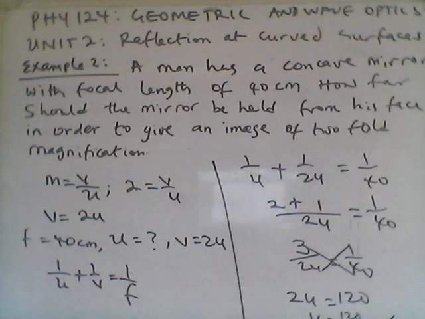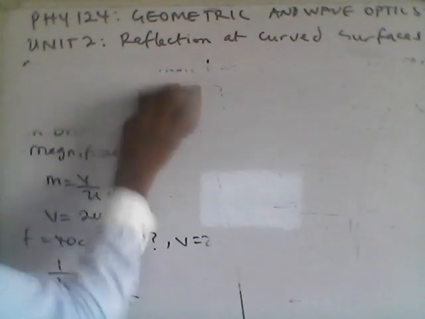Let's continue with what we have. This particular course, we'll be wrapping up with the convex mirror. We have seen the concave mirror in detail, but convex is just one particular way it shows us the image. It doesn't go beyond that.